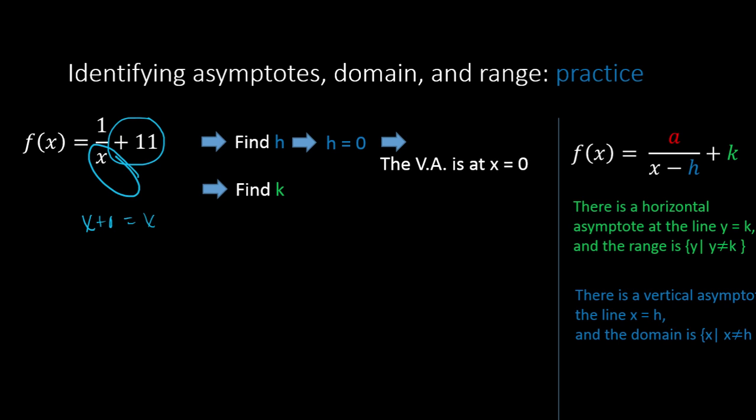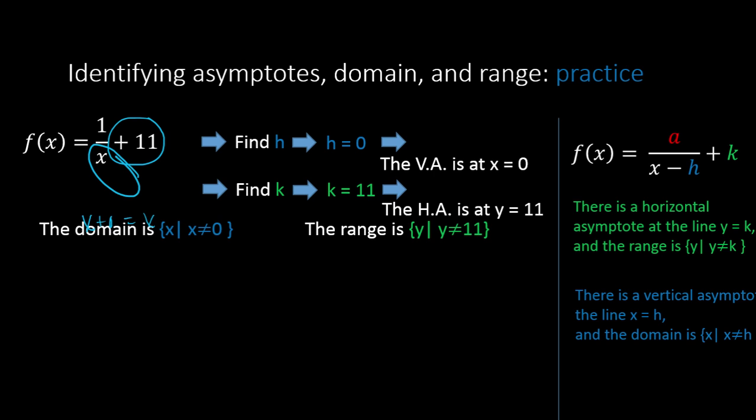My horizontal asymptote I find by using k, which is equal to 11, so I have a horizontal asymptote at y equals 11. That means the domain of this function is all of x except when x equals 0. So I say x can't equal 0 because of my vertical asymptote there. And my range is y such that y is not equal to 11 because I have a horizontal asymptote there.